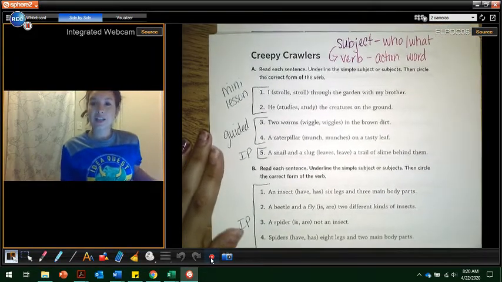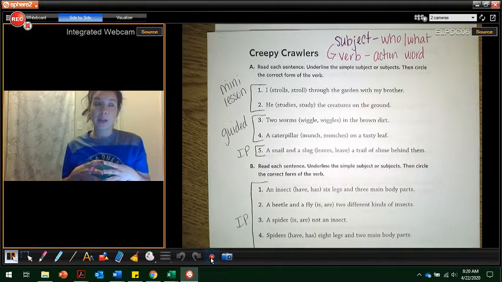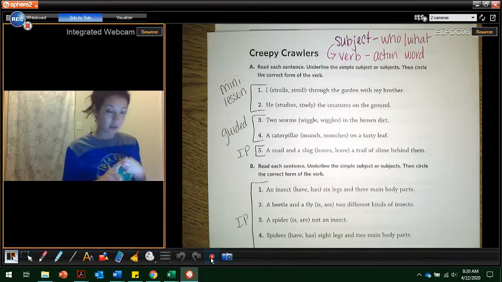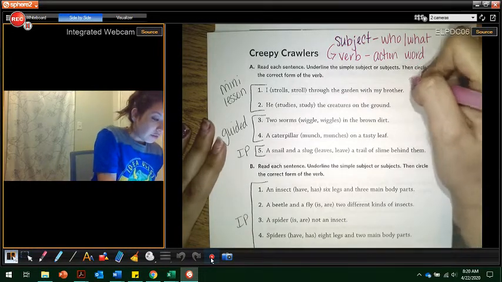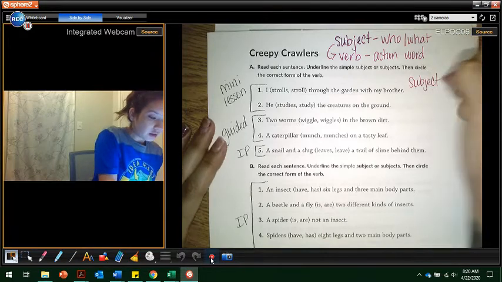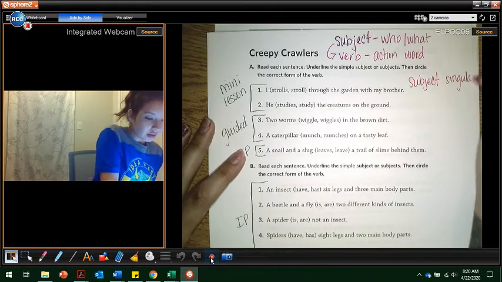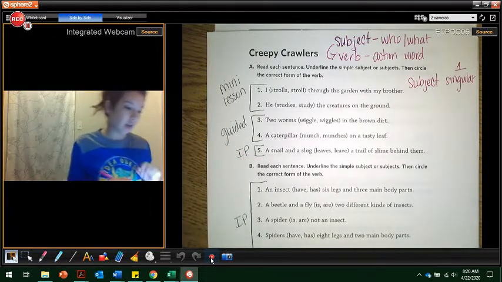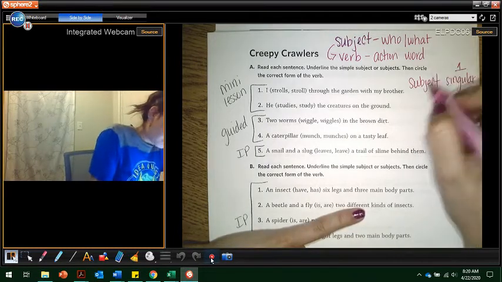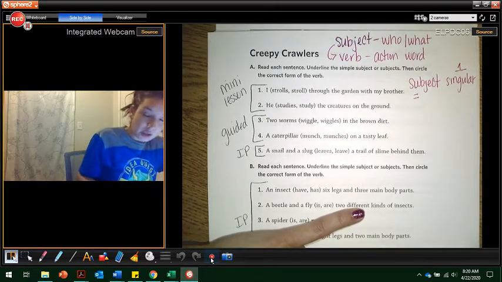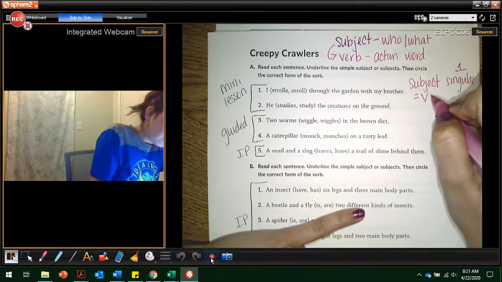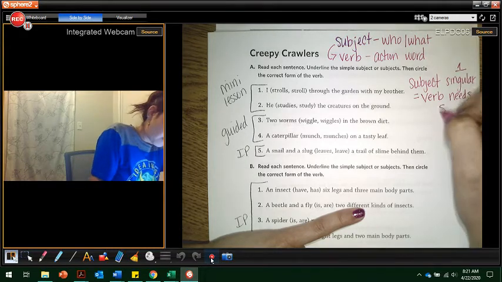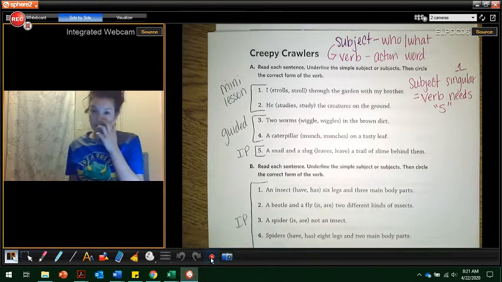So in today's lesson, I'm going to give you a strategy in order to figure out, do I need an S or not need an S? So here's the deal. If the subject is singular, and singular means it's only one person or one thing, then the verb equals, I'm going to put equals, the verb needs an S. Okay, what does that mean?